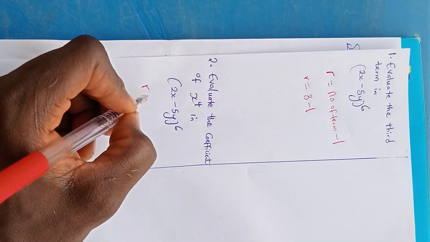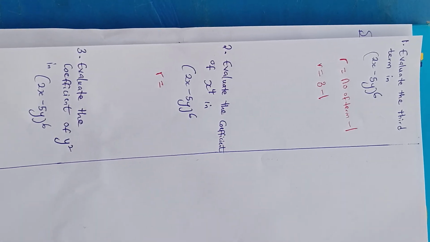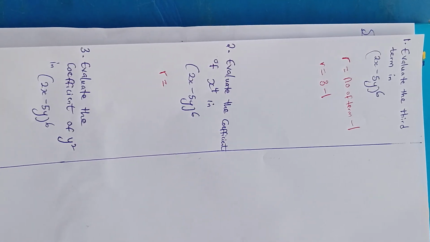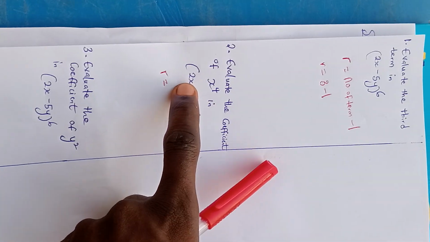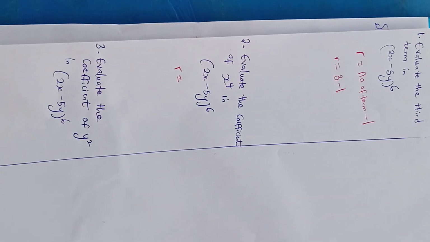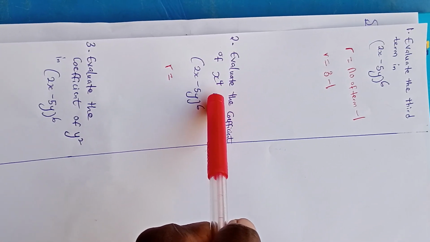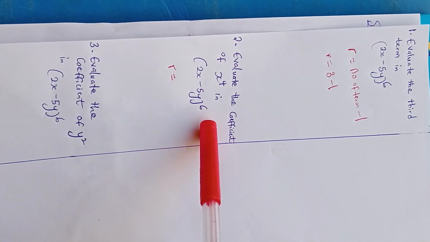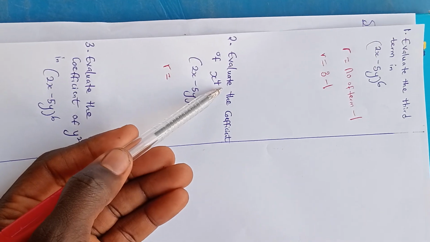So how do you get the r for a coefficient? Whenever you are asked to find the coefficient of an x component, provided that the x component is in its rightful position, in this case x comes before y, r is the power of the question minus the power on the x given to you. In this case, the power of the question is 6, and the power of the x given is 4.